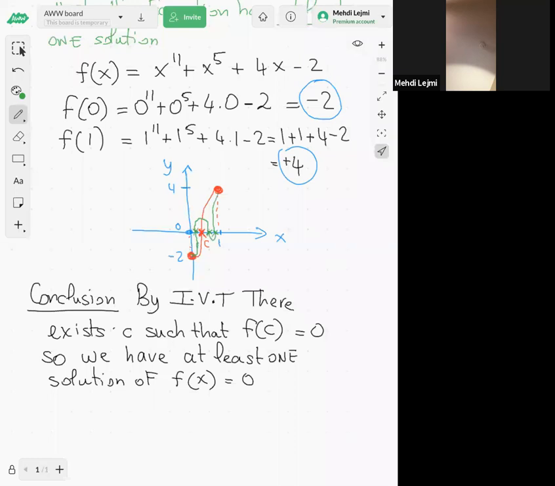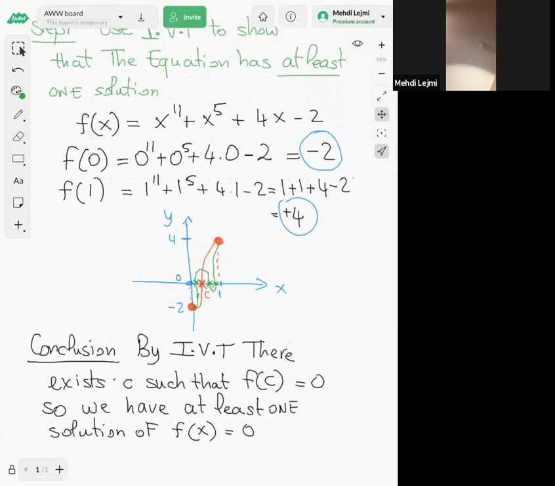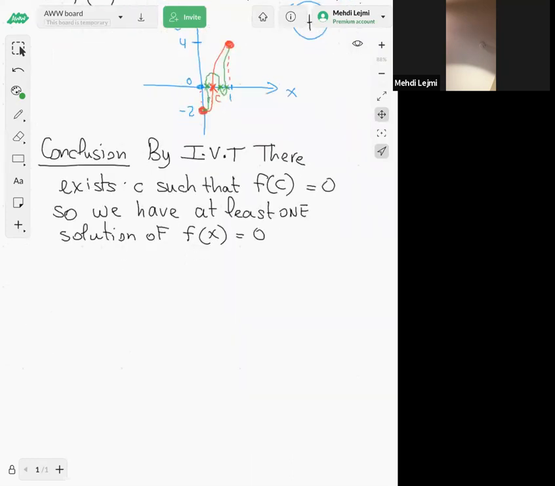Now, in the second step, we know that there is at least one solution. In step 2, we're going to prove that there is no more than one solution.